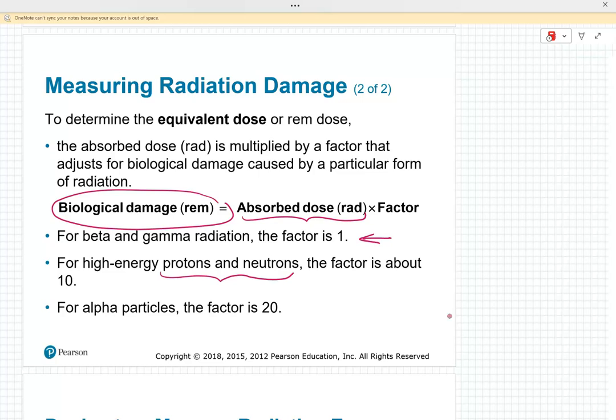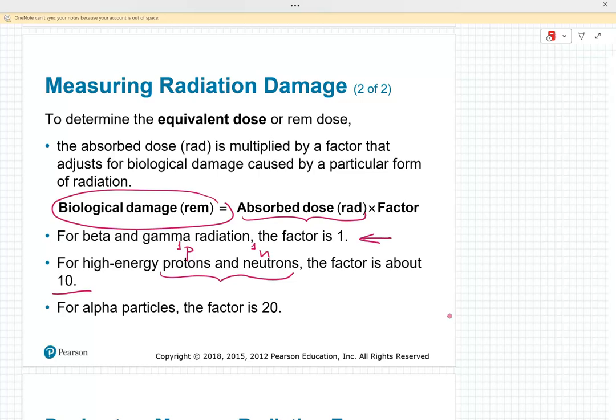What is the mass of a proton? Yes? Neutron? 1. Imagine that this neutron, or this proton, is very high energy. It will pierce through the human body, even better than gamma radiation. So this is why the factor is 10.